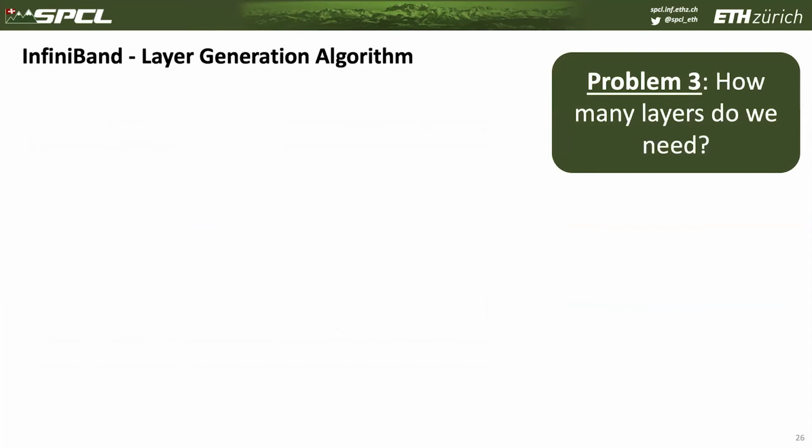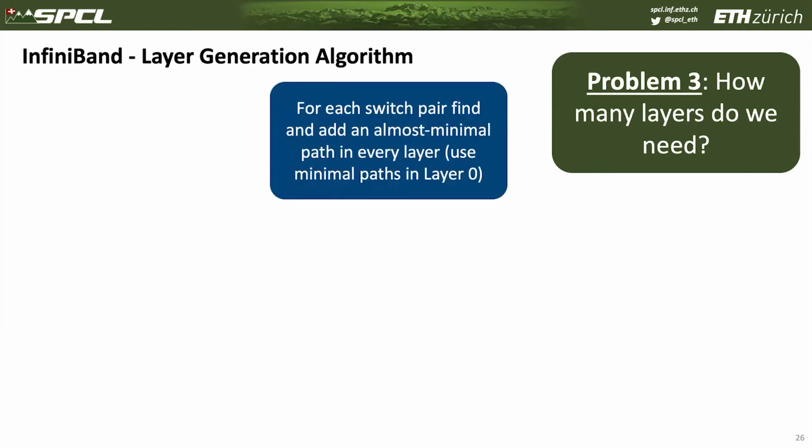For that, we will look at the layer generation algorithm that we use in the InfiniBand setting. We have seen a very small example of how these layers can be generated by Maciej, but in the InfiniBand setting, we'll use a more elaborate approach. It's actually still quite simple: for every switch pair that we have, we try to find an almost minimal path for every layer, right?